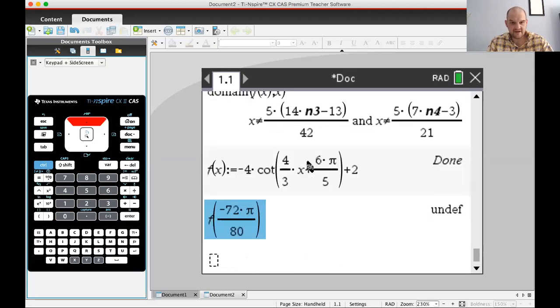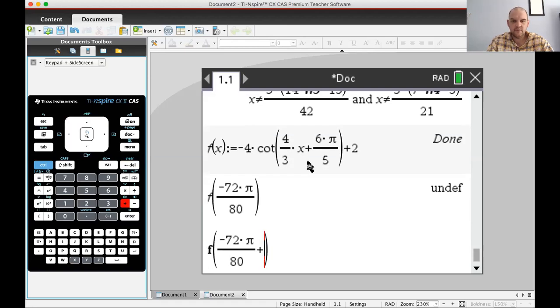So if I add, let me do this. I'm going to do x plus t, let's say, such that t equals, so I'm going to add an increment, 15 pi over 80. I should get a negative 2 here.